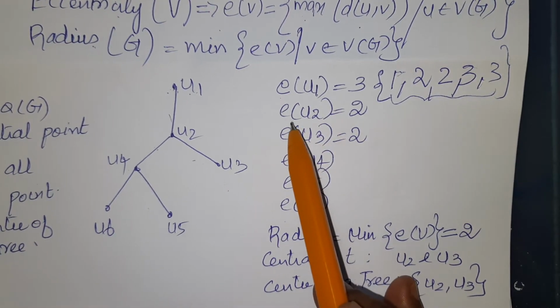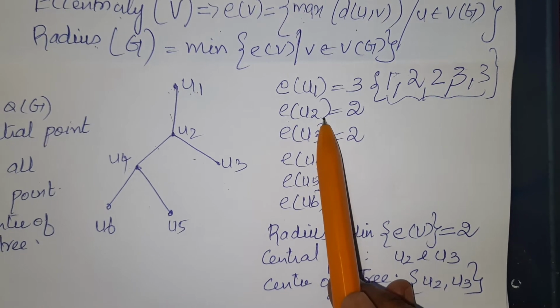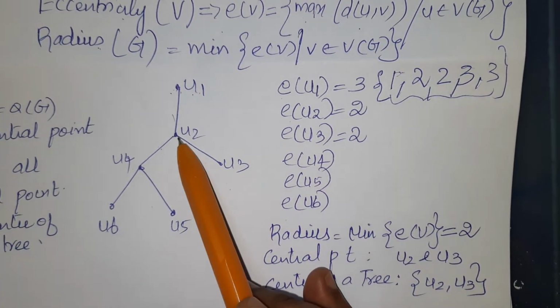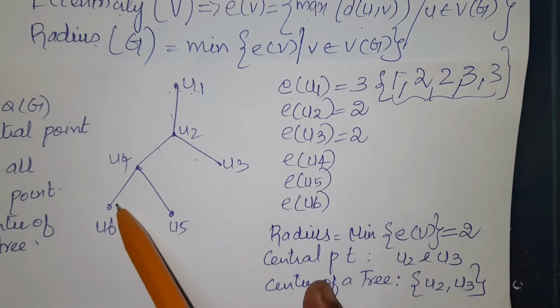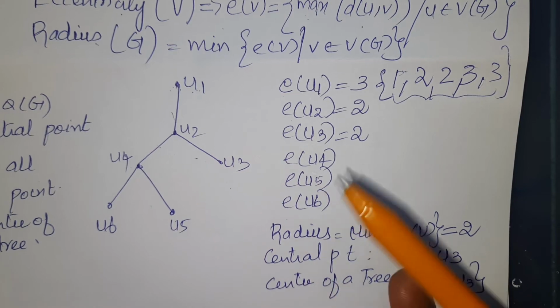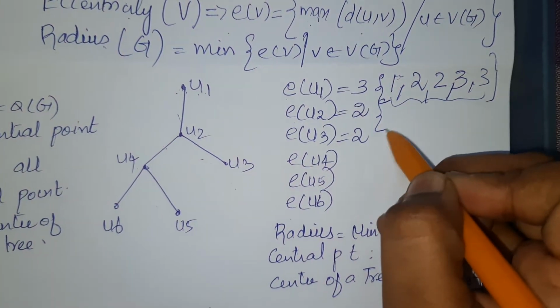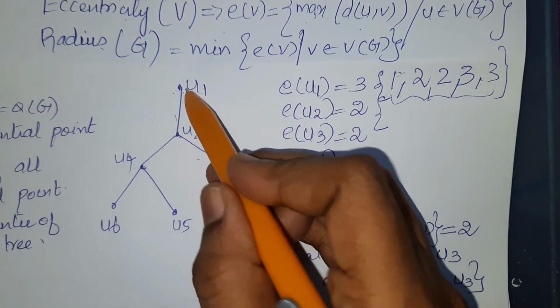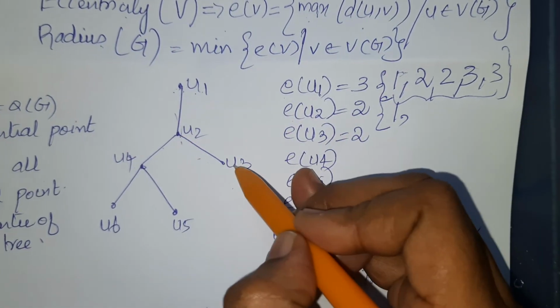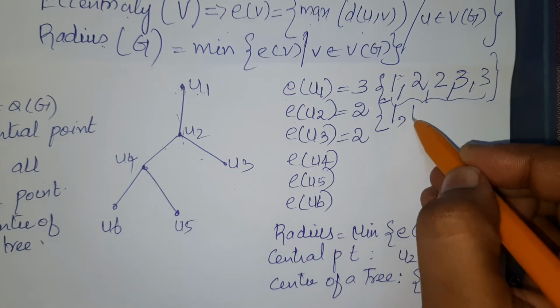So now we are going to find the eccentricity of the second point U2. That means from the vertex U2 to every other vertex, measure the distance. To start with, from U2 to U1, how many edges do we have? Only 1 edge. From U2 to U3, only 1 edge.